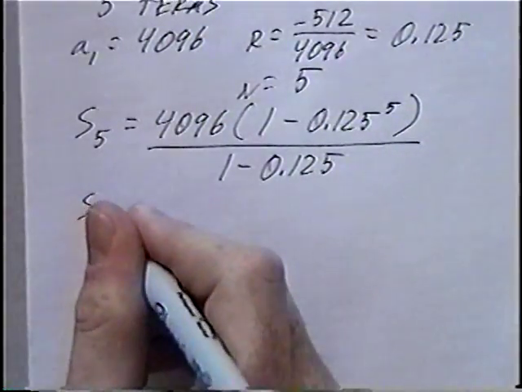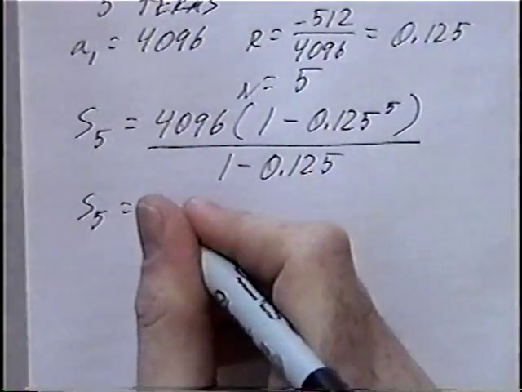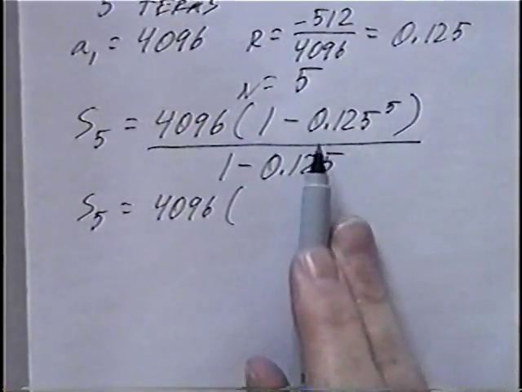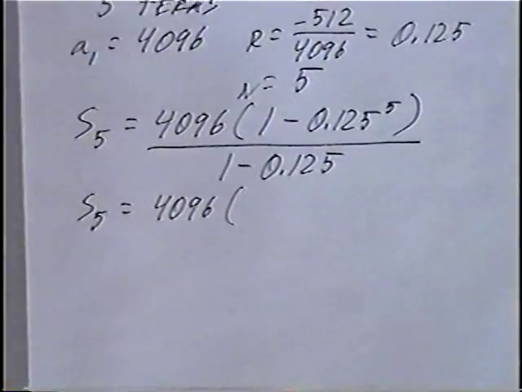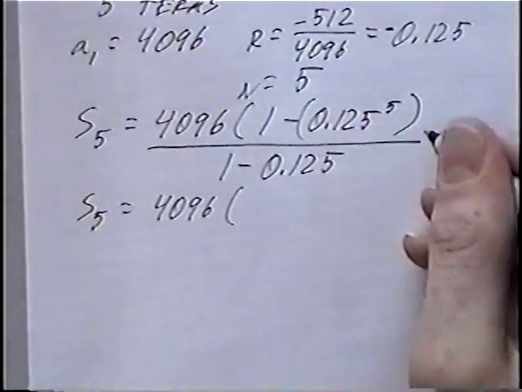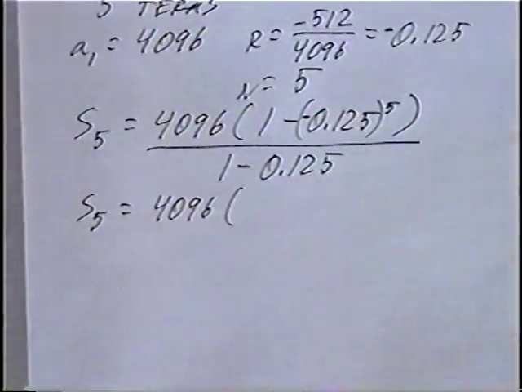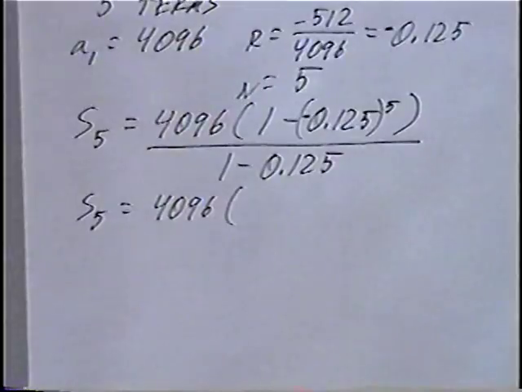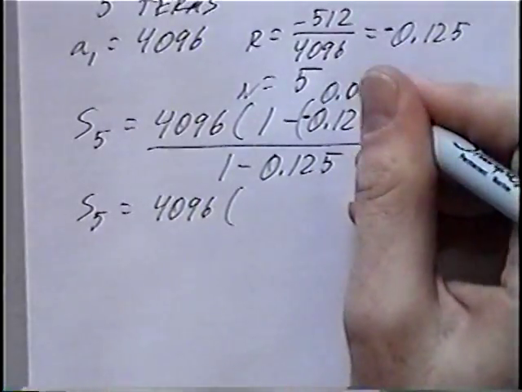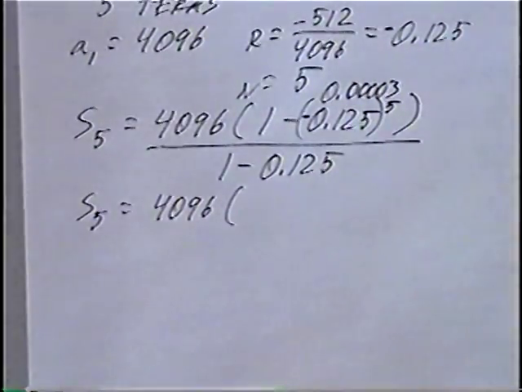Solving this out, the sum of 5 terms, 4096 times 0.125 to the 5th power, and this is actually a negative rate. 0.125 to the 5th power would be 0.4 zeros and a 3.